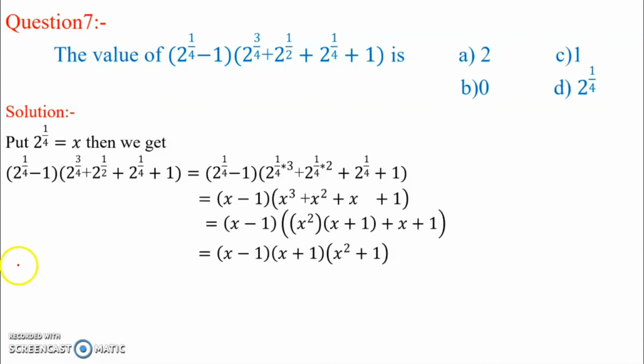You have the identity that a square minus b square is the same as a plus b into a minus b.